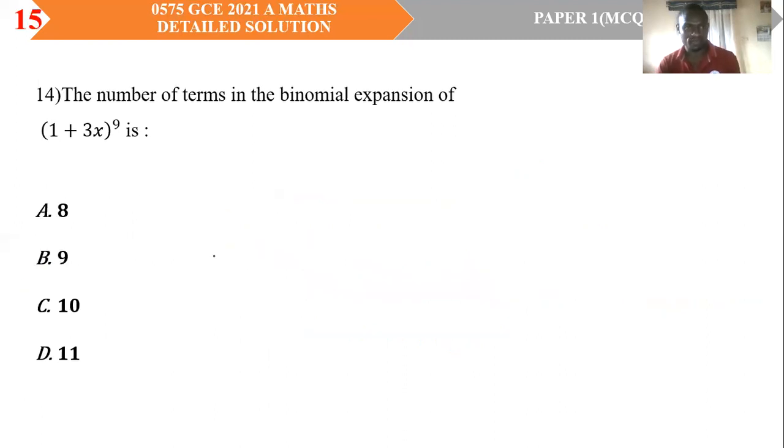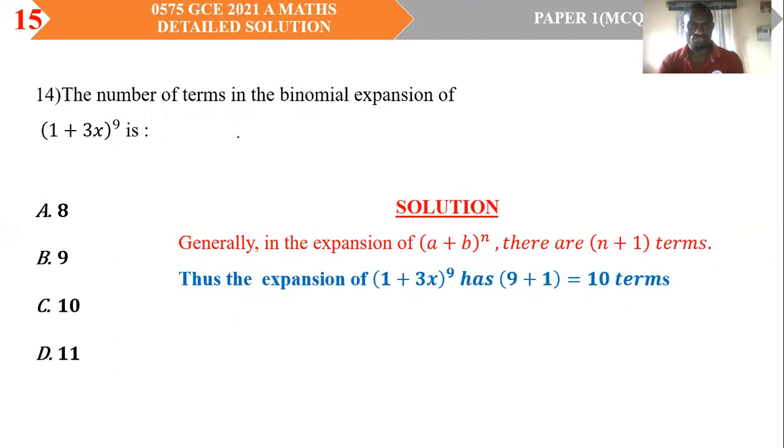Question 14. The number of terms in the binomial expansion of (1 plus 3x) to the power 9 is. Solution. Generally, in the expansion of (a plus b) to the power n, there are always n plus 1 terms.